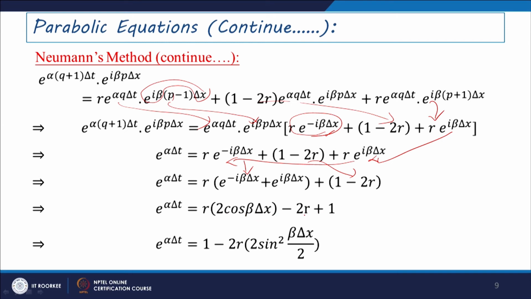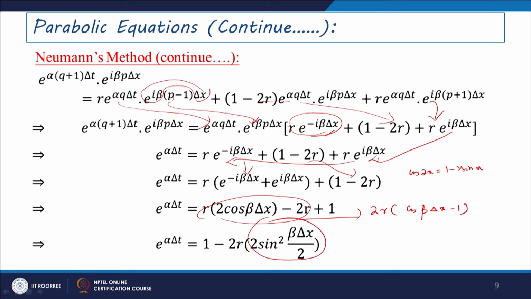So, we can take common from these two terms and write this one as 2r into (cos beta delta x minus 1), which can be expressed, since we know that cos 2x can be expressed as 1 minus 2 sin square x, in that form as 2r times 2 sin square (beta delta x by 2) here.